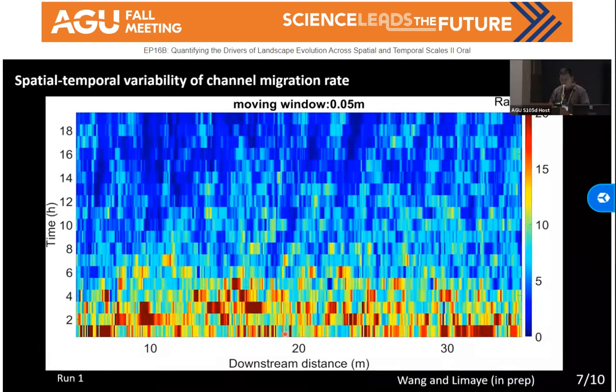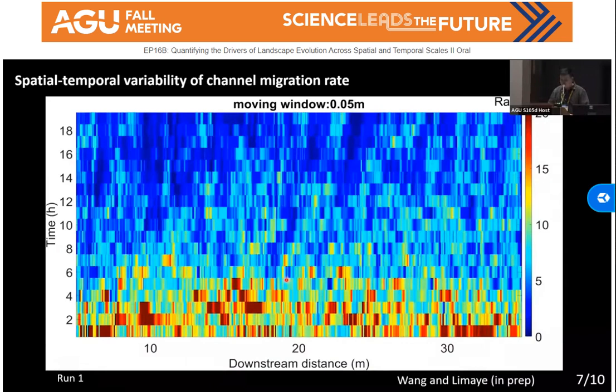If we look in this direction, we see how it evolves over time. It roughly seems to first increase a bit, then constantly decrease. Over this direction, you see how the channel migration rate varies over space. There are highs and lows, and you don't really see a trend of constant growing or constant decreasing.